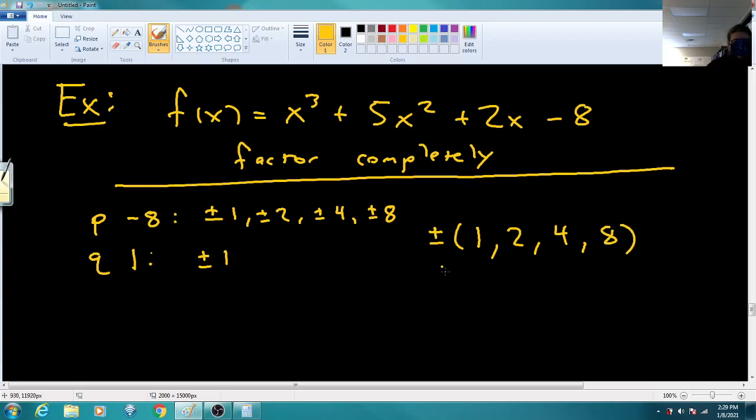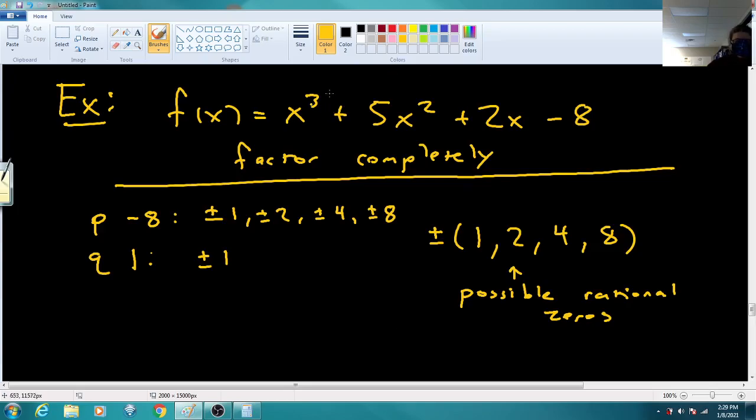So we have a list of positive 1, negative 1, positive 2, negative 2, positive 4, negative 4, positive 8, negative 8. These are possible rational zeros. So these might be zeros of this polynomial. We're not 100% sure if they are or they aren't.